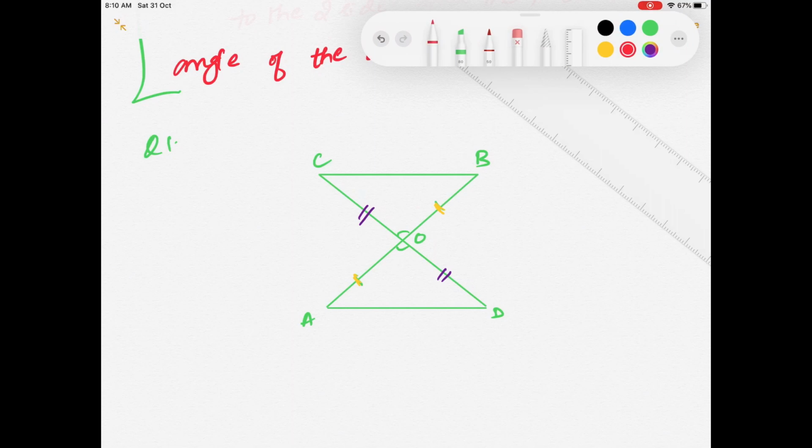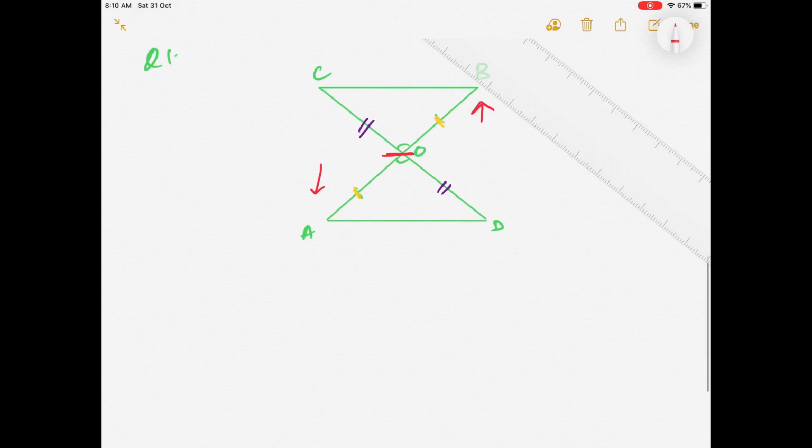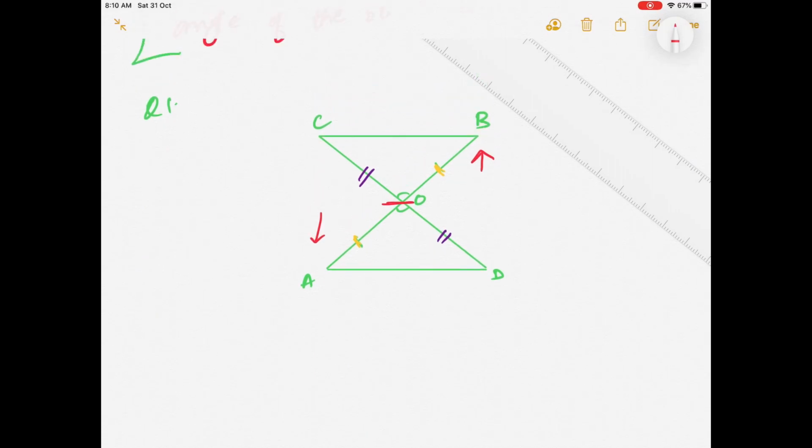We have to prove that this lower triangle AOD is congruent to the upper triangle BOC. So how will we prove this? The second thing we have to prove is that AD is parallel to BC.